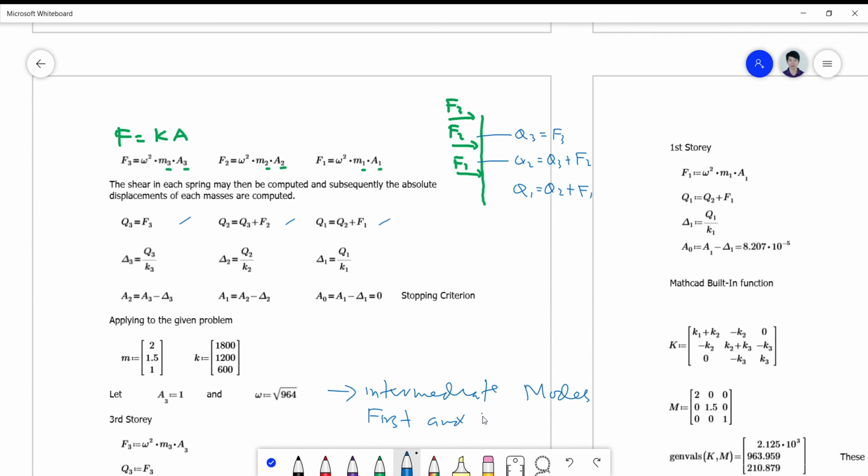The fundamental and the last. Okay, so I'll be showing you the program for you to be able to appreciate how MathCAD works outside this video presentation. Thank you.